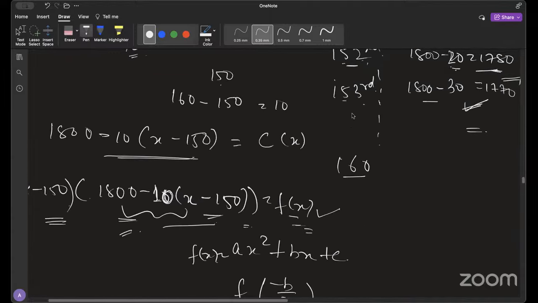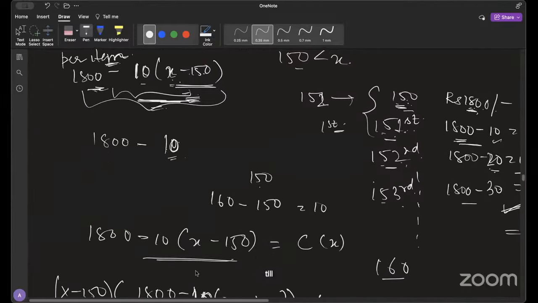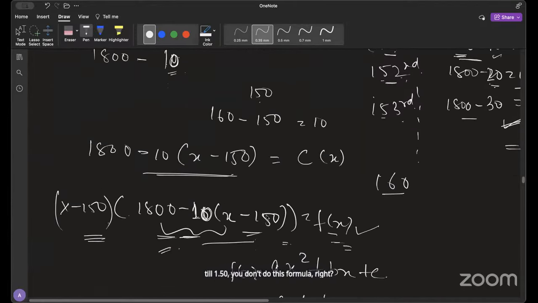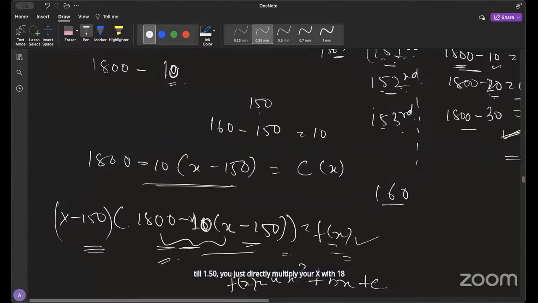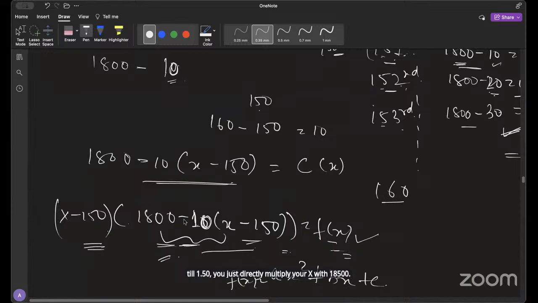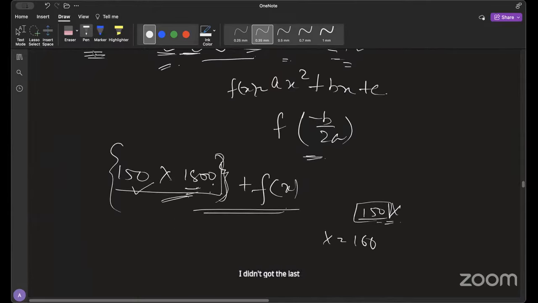This price is only applicable after 151. Till 150, you don't use this formula; you just directly multiply your x with 1800, right?